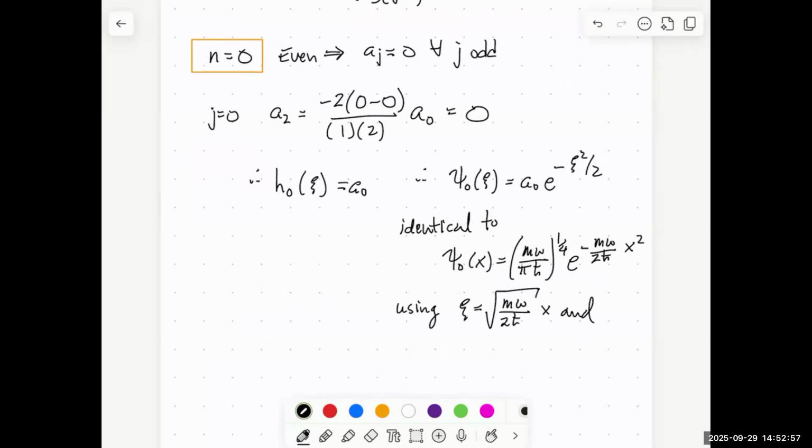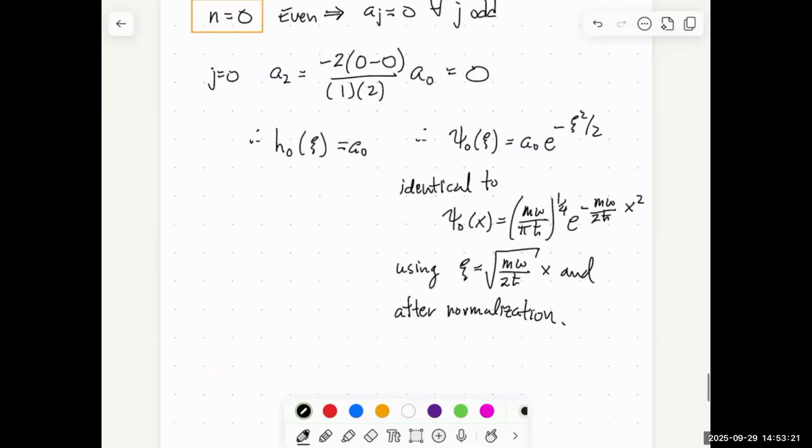And we'd have to do normalization to find the value of a0. But that's because, remember, a0 is just like one of our integration constants, and one way to determine the values of integration constants is to use normalization. Okay, so we got our ground state.